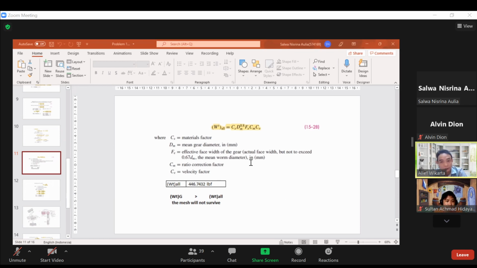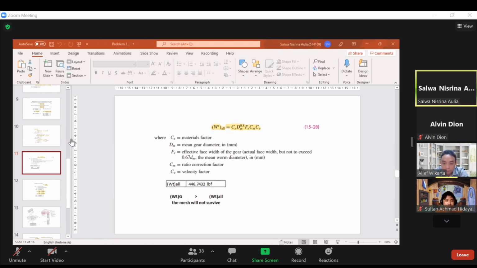It will be easy if we say this worm gear is rotating every day for 3 years. So 3 years times 365 days times 24 hours. That is how we determine the life, but 25,000 hours depends on the operation condition.